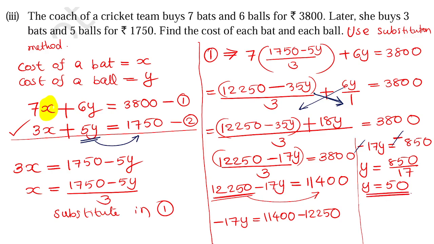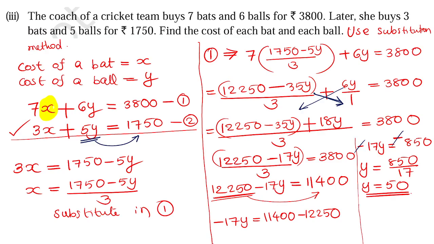Y equal to 50, then I want to find out x. So right now I got the cost of the ball. Cost of the ball is 50. Now I want to find the cost of bat, I mean x. So the continuation of the previous step. I got y. Now I want the value of x.